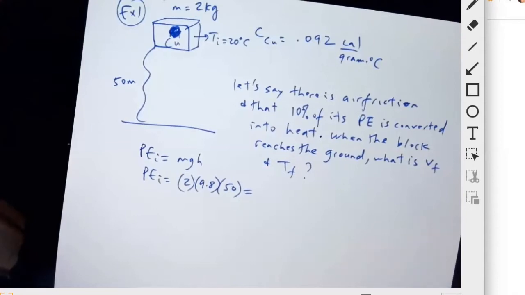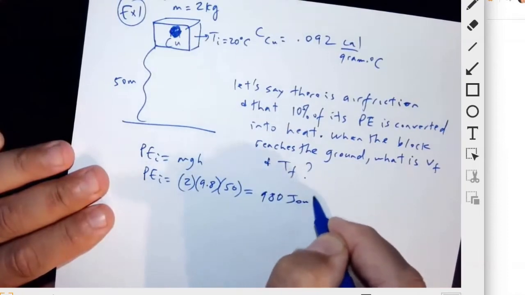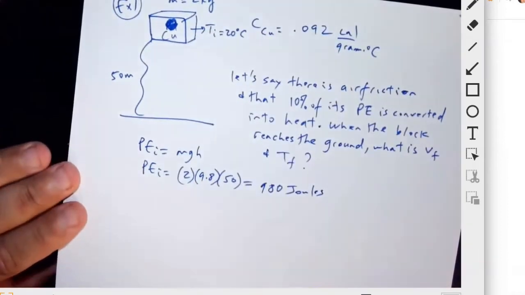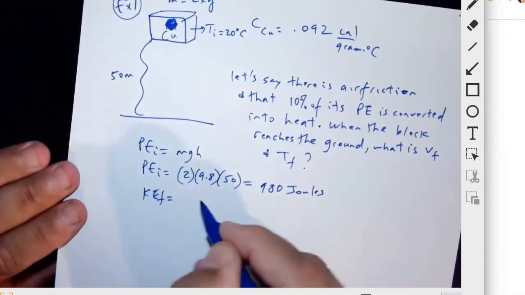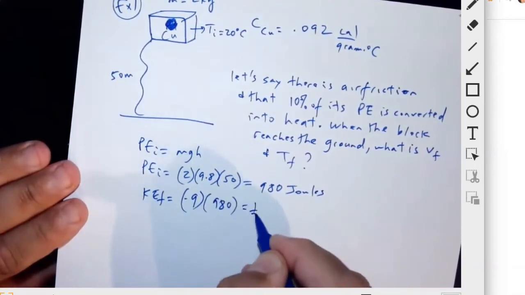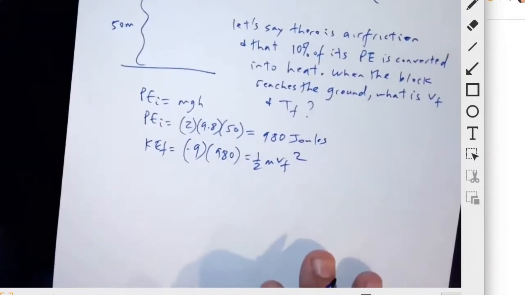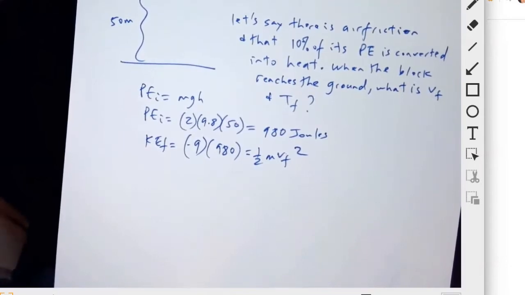That's pretty easy, 100 times 9.8, 980 joules. If 10% of that is wasted to heat, then 90% of it gets converted into kinetic energy. So final kinetic energy is equal to 90% of 980, and that's equal to 1/2 times its mass times V final squared.